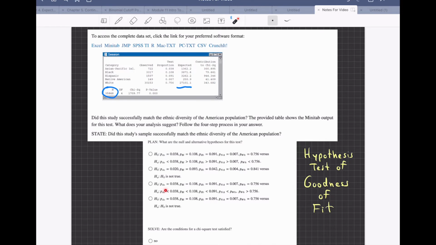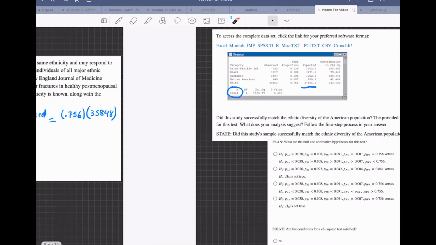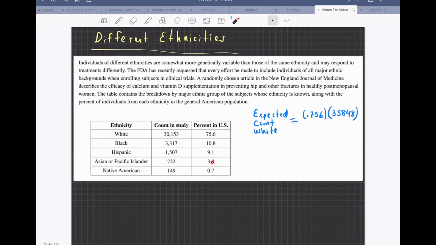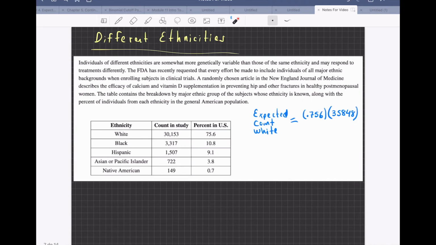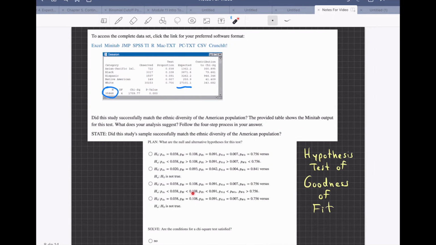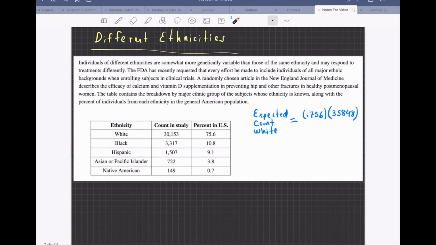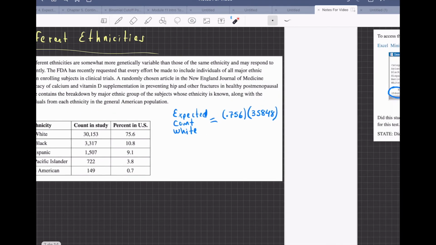So the one that has this p_A is Asians, 0.038. Black, 0.108. Hispanic, 0.091.